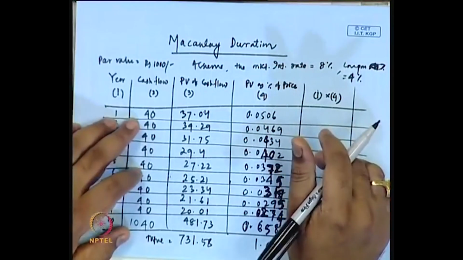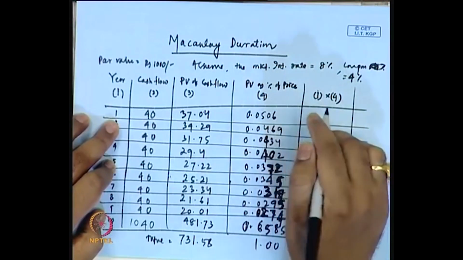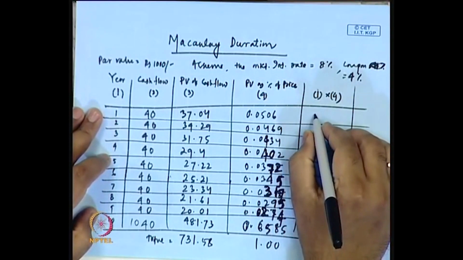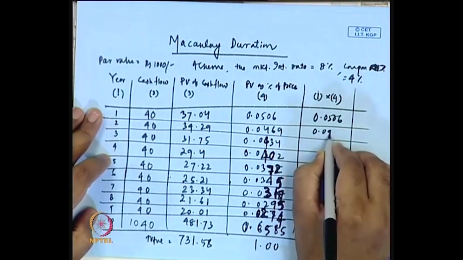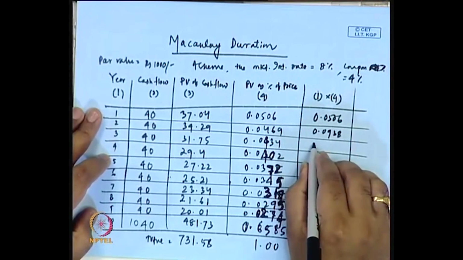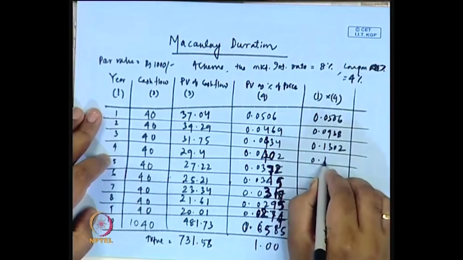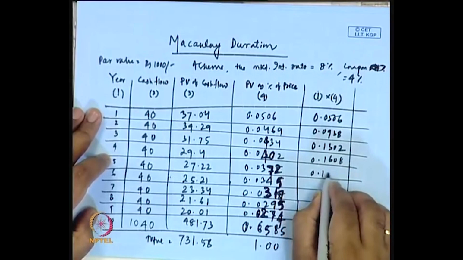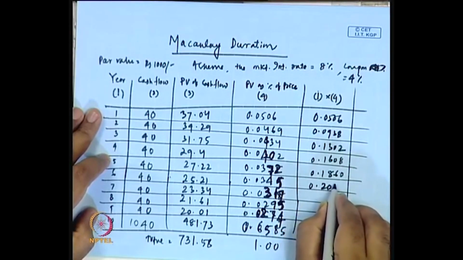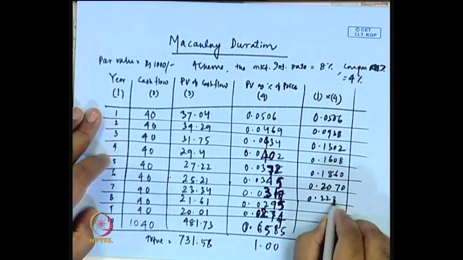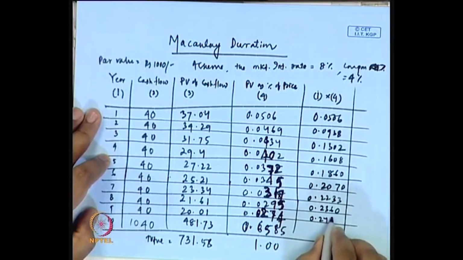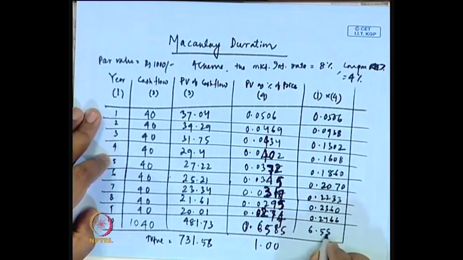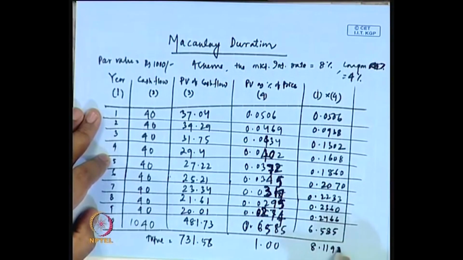Then if you multiply by 1 to 10, you get the values: 0.0506, 0.0938, 0.1302, 0.1608, 0.1860, 0.2070, 0.2233, then 0.2360, then 0.2466, and 6.585. The total will be 8.1193, or approximately 8.12.